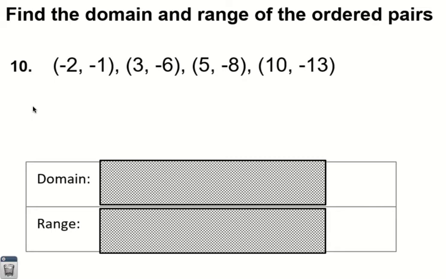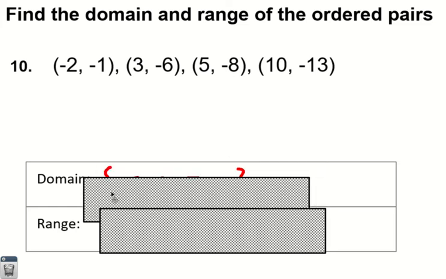Changing gears big time. If what you are given are these 4 ordered pairs, x, comma, y, x, comma, y, x, comma, y, and you need to know, long term, people, not just this class, the domain means all of the x values in the relation.